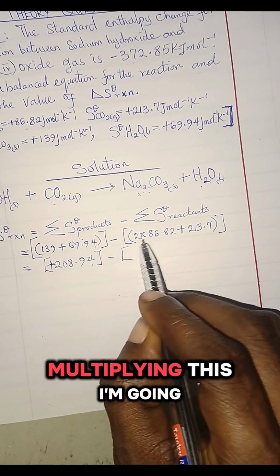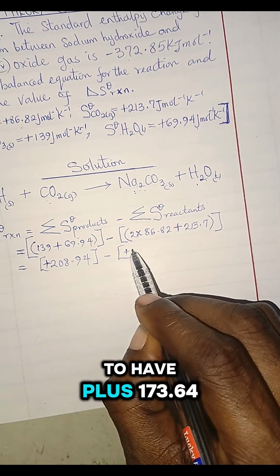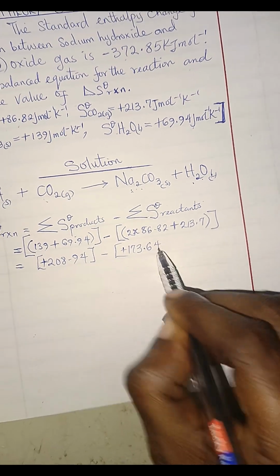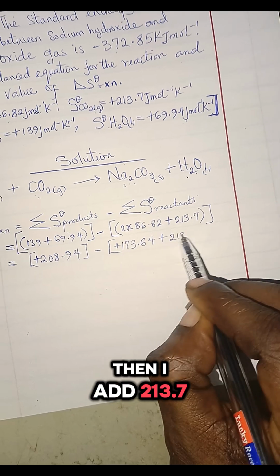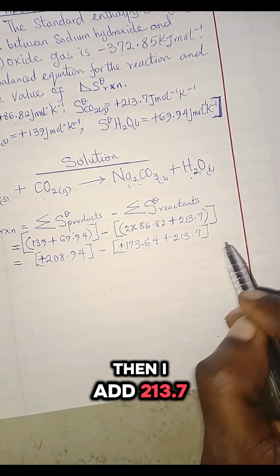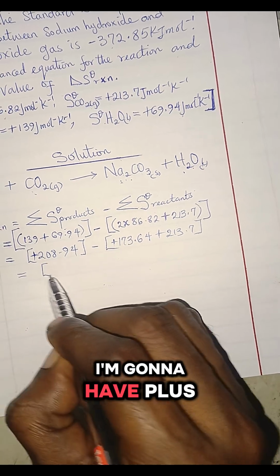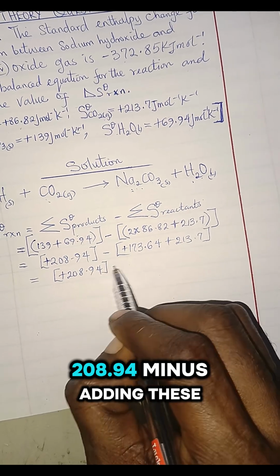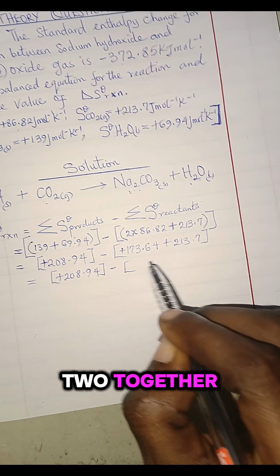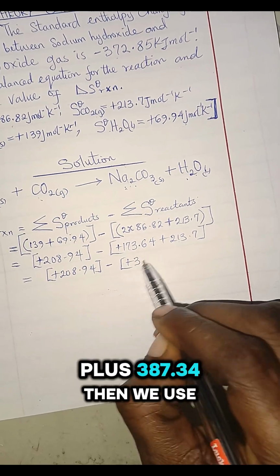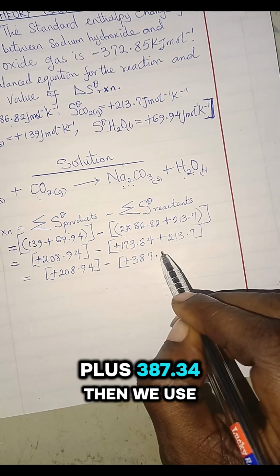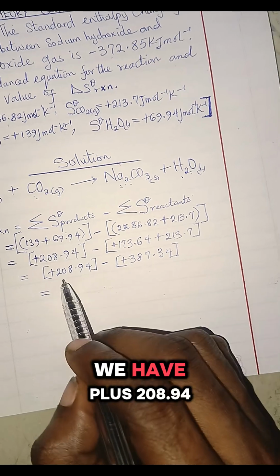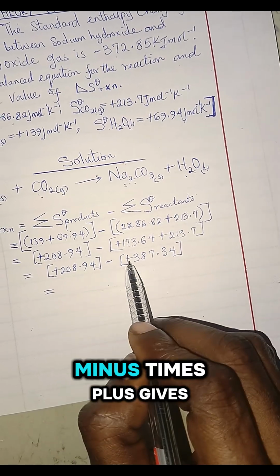Minus, multiplying this, I'm going to have plus 173.64. Then I add 213.7. So further calculating, now I'm going to have plus 208.94 minus, adding these two together, I'm going to have plus 387.34. Then we use our calculators. We have plus 208.94, minus times plus gives us minus.